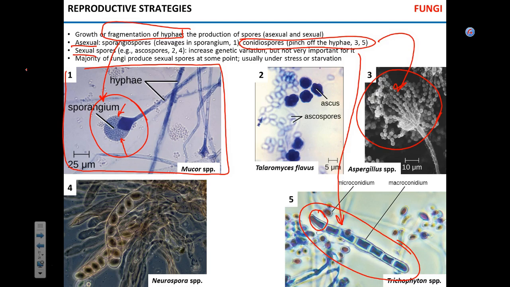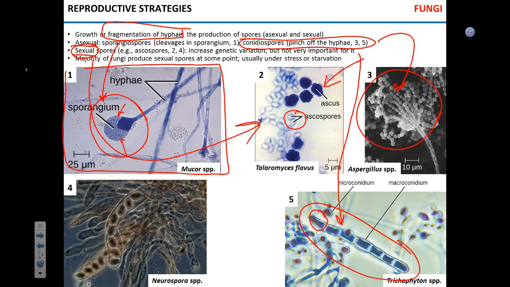Now, asexual spores are normally produced by fungi in normal environmental conditions. However, when the environment becomes challenging, when conditions become harsh, unwelcoming, fungi start to produce sexual spores. For instance, ascospores. You see individual ascospores here.